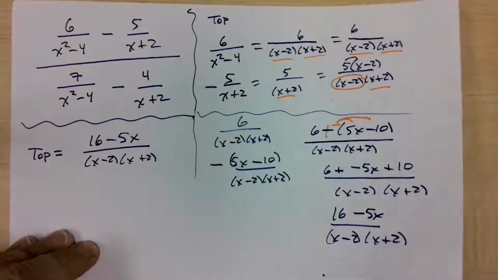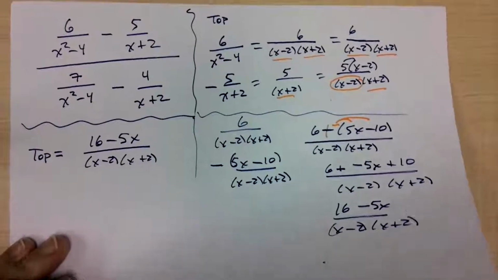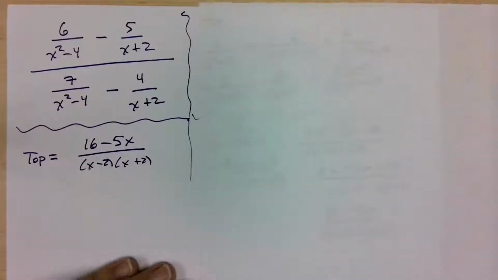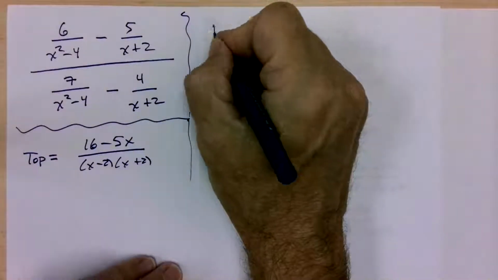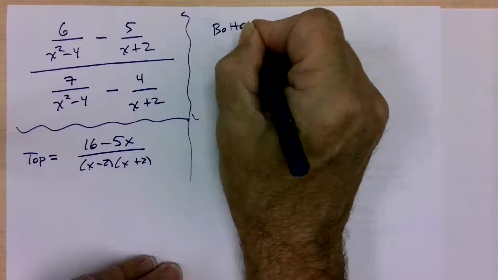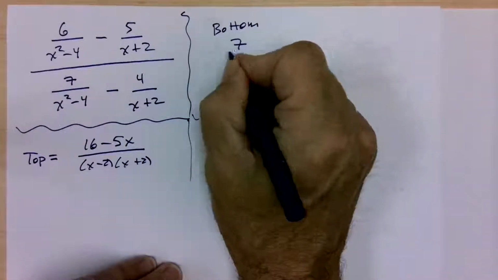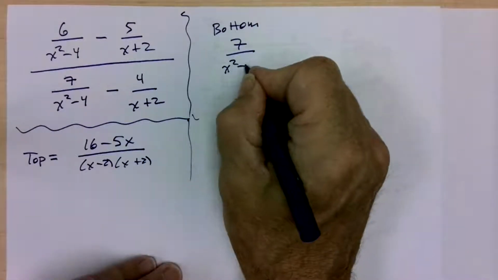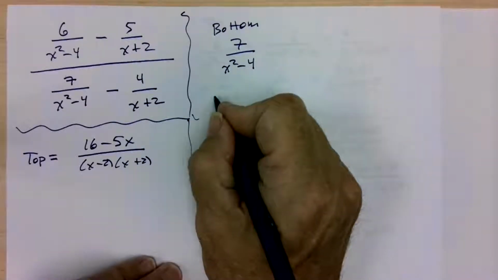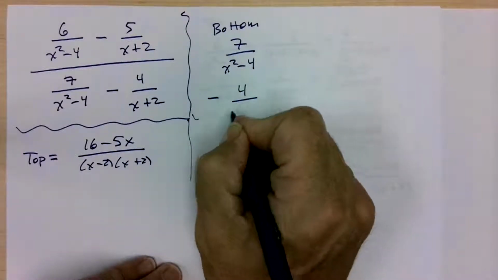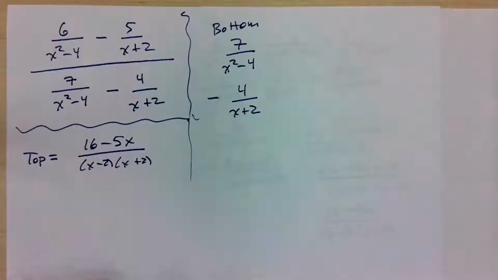So the bottom you see is 7 over x squared minus 4 over x plus 2. So we'll do the bottom next. 7 over x squared minus 4 over x plus 2. We're going to factor the bottom.